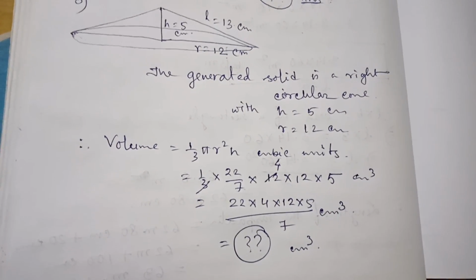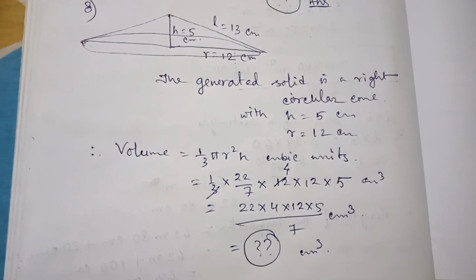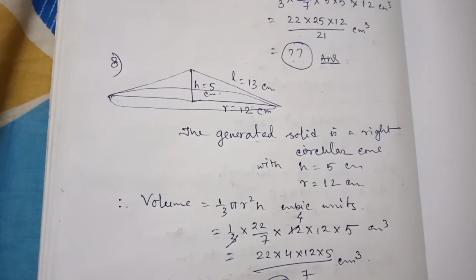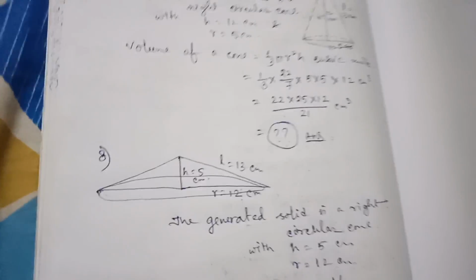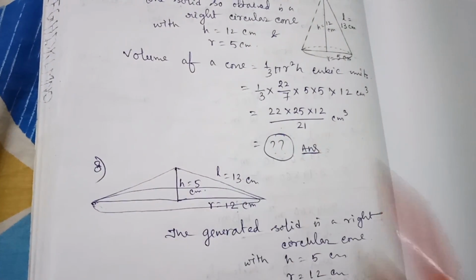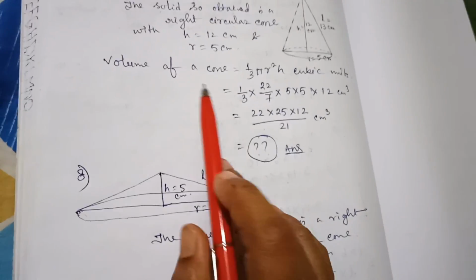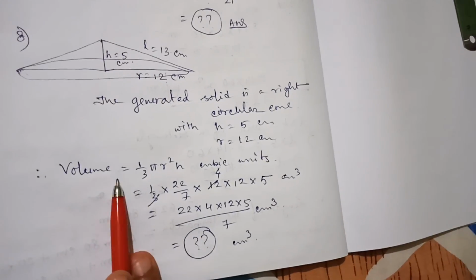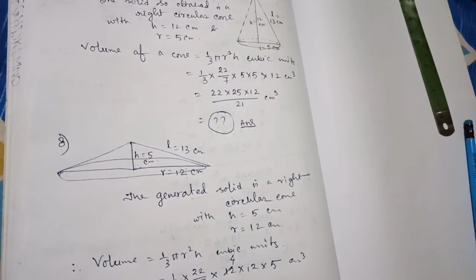Okay, but here the question is not ended. The last part of question number 8 is asking you to find the ratio of question number 7's volume and question number 8's volume.